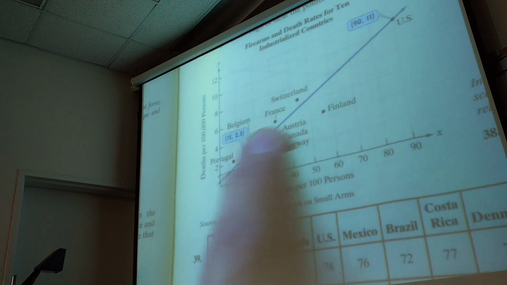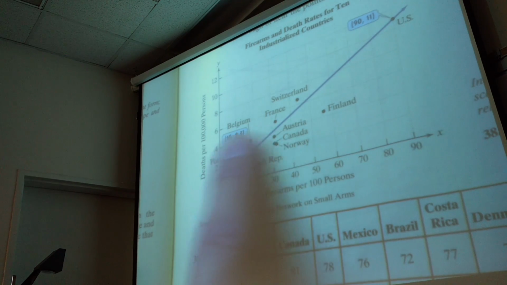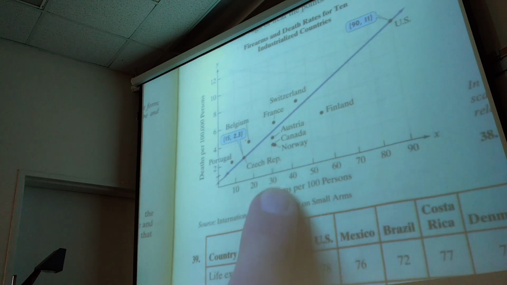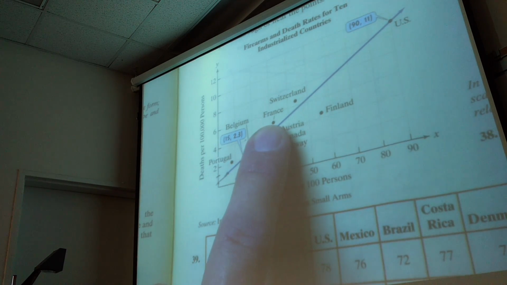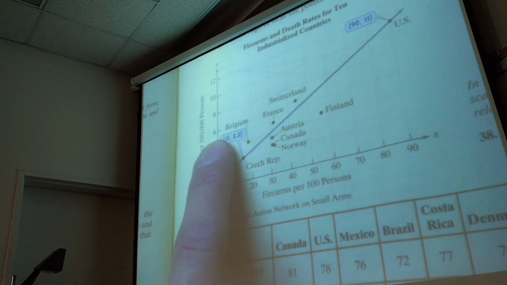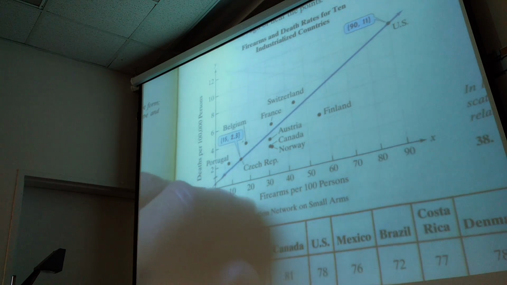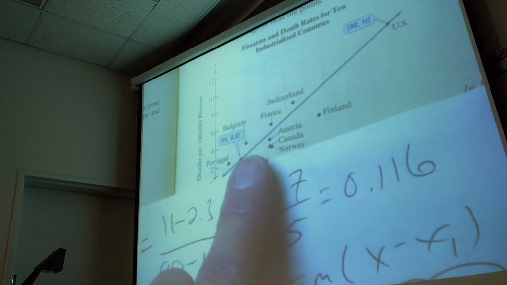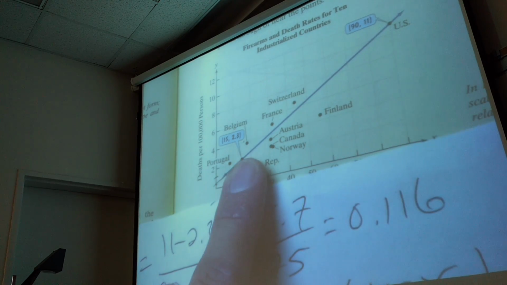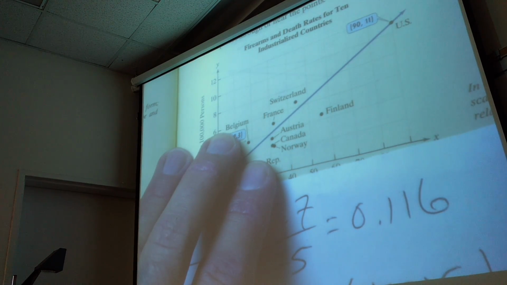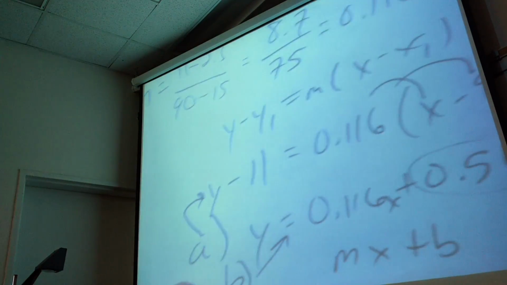I would estimate 5 here, right? You can see that? There's France, there's the 32, and then over here, if I just go over, it looks like there should be about 5 deaths. So part C says use the graph. We just did that. And part D says use the function we found.